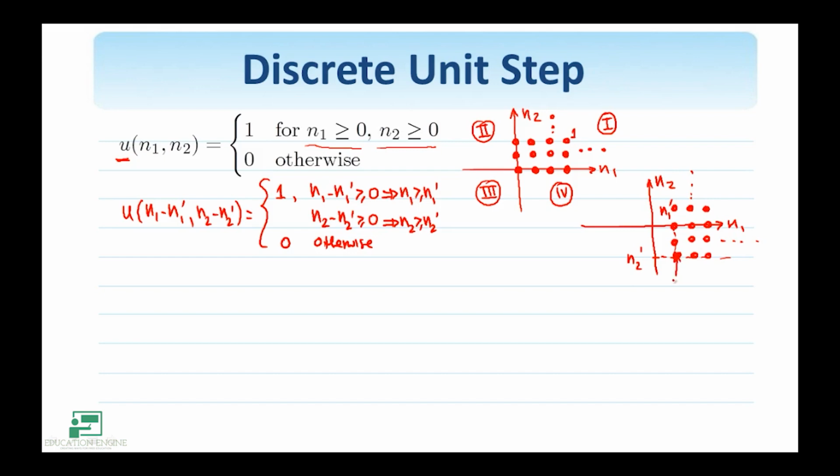So the coordinates of this point are N1 prime, N2 prime.